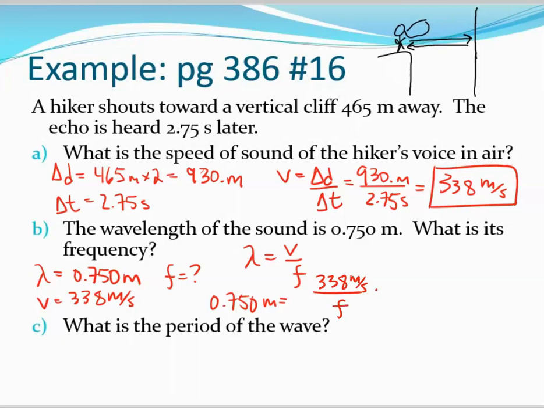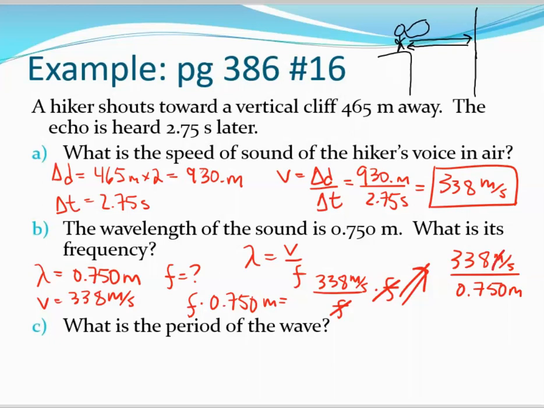So that means I need to multiply by both sides, right? So that moves that, but then I'm going to have to, I'm running out of space, divide both sides by 0.75 in order to get frequency by itself.